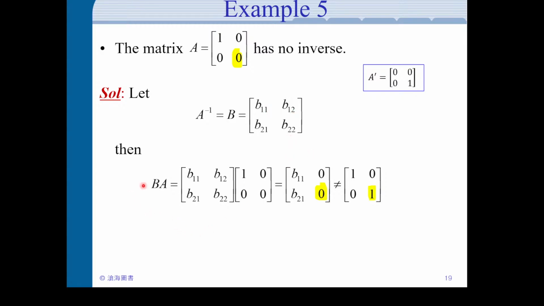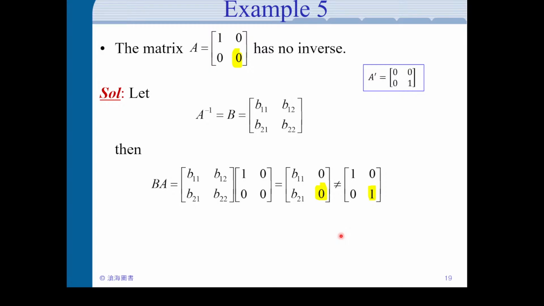Say you multiply B on A on the left, and we write down all the elements. The first column is whatever you get from the multiplication, and the second column will be 0 because the second column of A is 0. And you see that this element is 0 here, and it can never be 1. But for the identity matrix, this element must be 1. So the 0 here means that no matter how you pick B, B times A will not be the identity matrix.